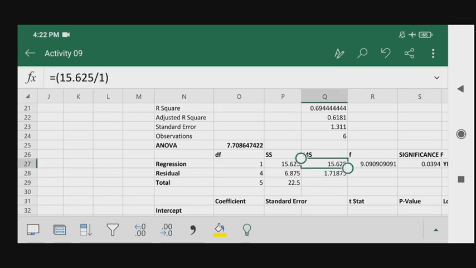For MS, we have 15.625 divided by 1 is equals to 15.625.